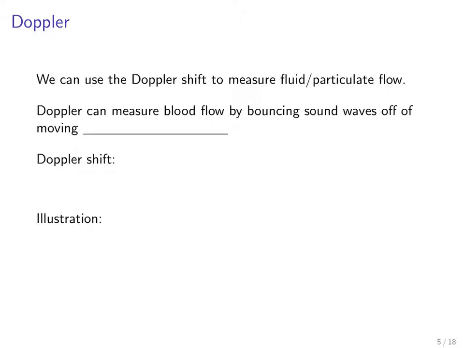We can use the Doppler shift to measure fluid or particulate flow. Doppler can measure blood flow by bouncing sound waves off of moving red blood cells.